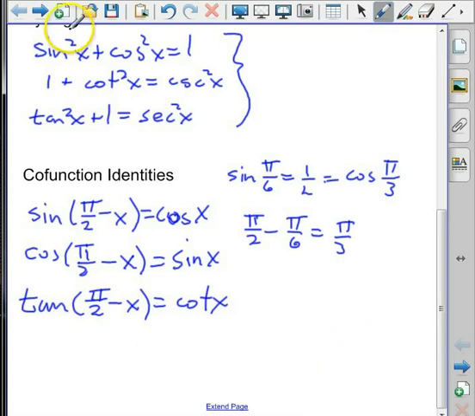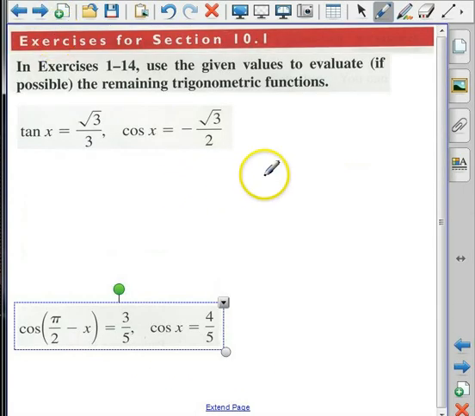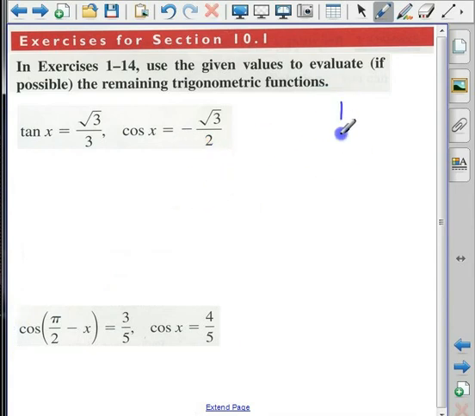All right, so let's do some examples. We're supposed to use the given values to evaluate the remaining trig functions. Well, here I have a positive value for tangent, a negative value for cosine. So what quadrant does that put us in? Cosine is negative and tangent is positive in the third quadrant. Well, what angle in the third quadrant has a tangent of root 3 over 3 and a cosine of negative root 3 over 2?